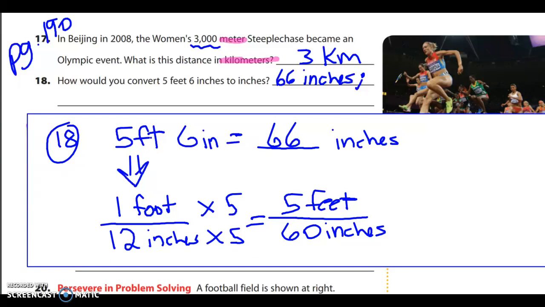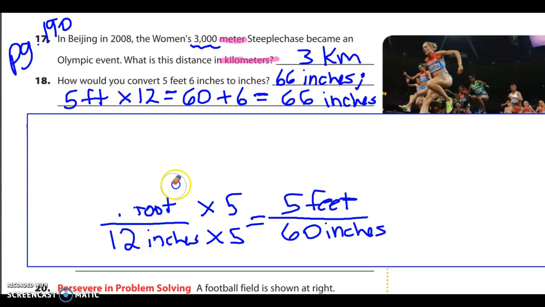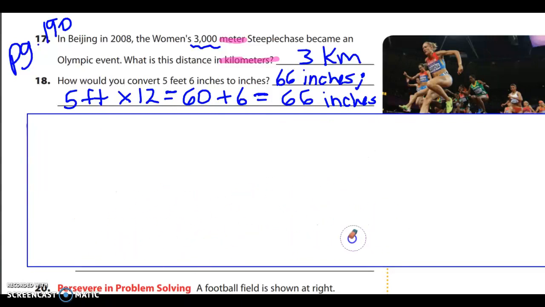And what I'm going to do is I'm going to say 5 feet times 12 equals 60 plus 6 equals 66 inches. I think that's good, it says how would you, and so we kind of just showed our work to explain what we did. All right, we're going to go ahead and try 1 or 2 more problems, and we probably won't do every problem on this page, but that is okay.